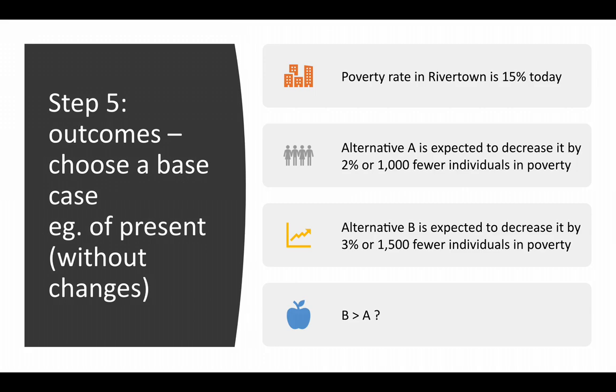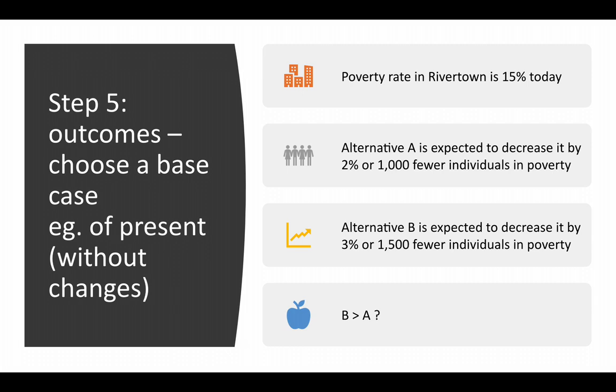So let me give you an example. Let's say we choose the poverty rate in Rivertown. It's 15% today, so that could be your base. Alternative A is expected to decrease it by 2%, or 1,000 fewer individuals in poverty.